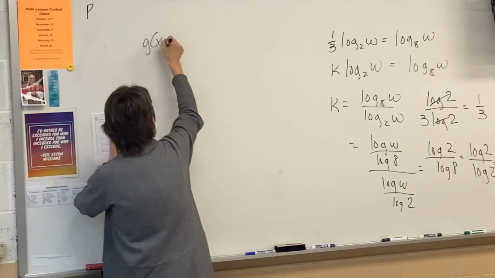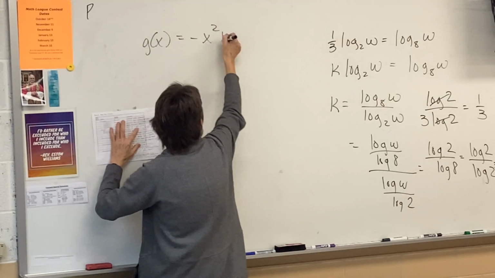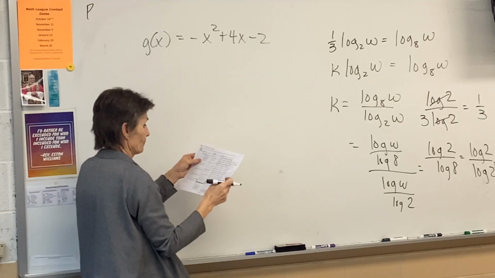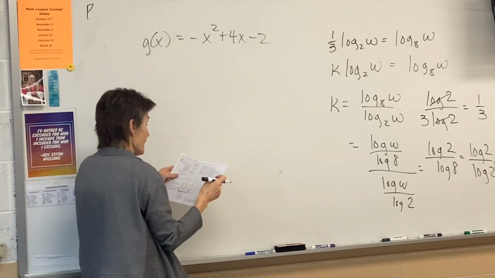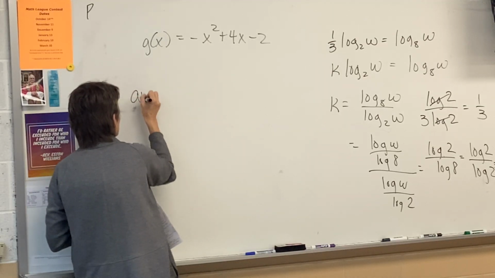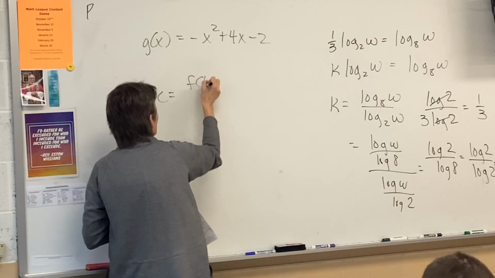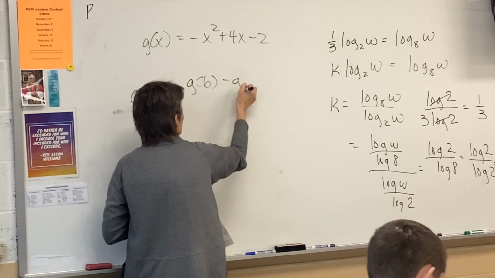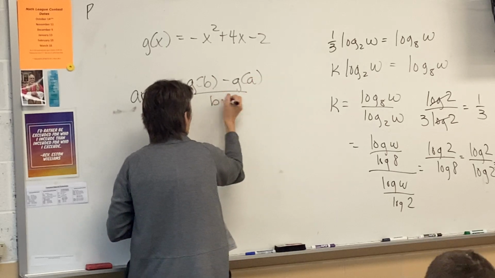So g of x is negative x squared plus 4x minus 2. Right? And I want to get close to 2. So remember your average rate of change is f of b, or actually in this case, g of b minus g of a over b minus a.